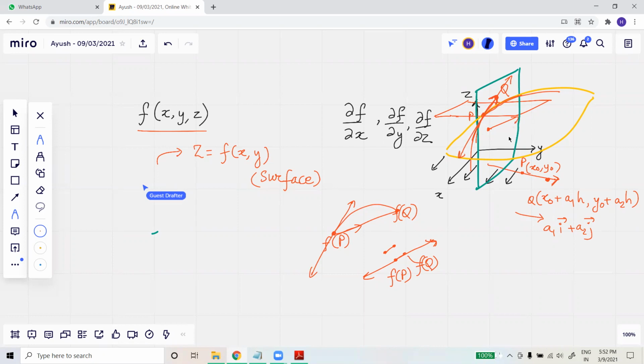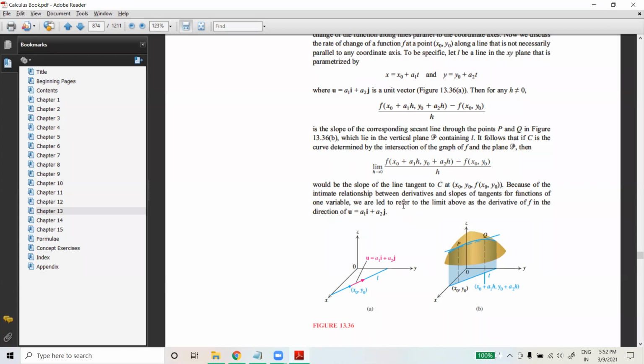Then why are we led to refer to this limit as the derivative of f in the direction?